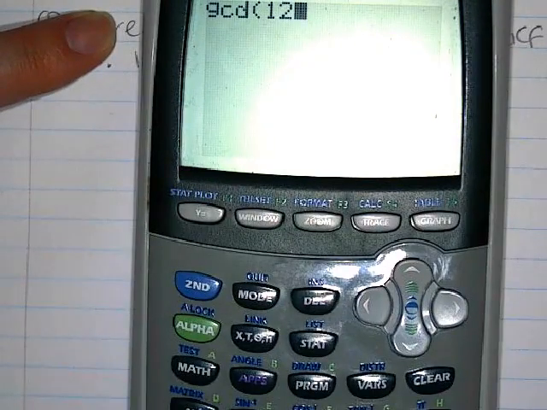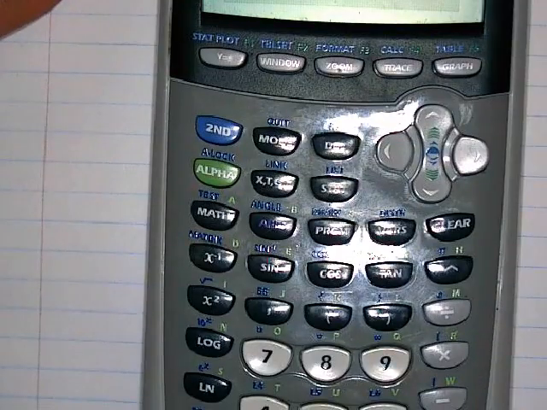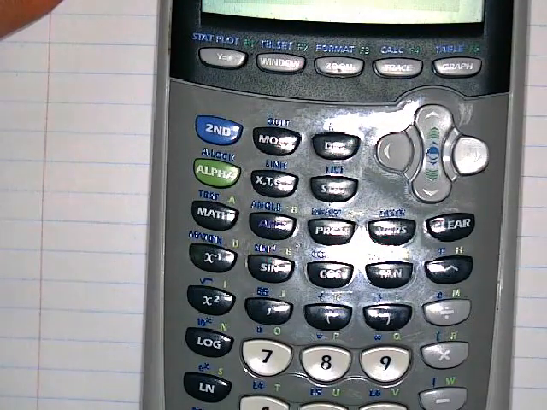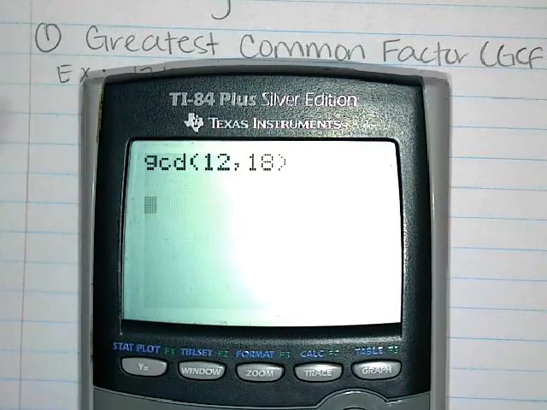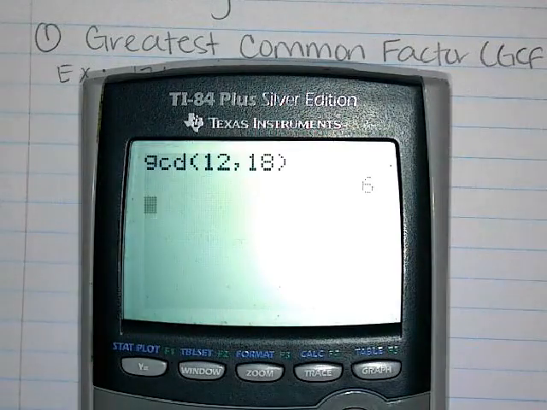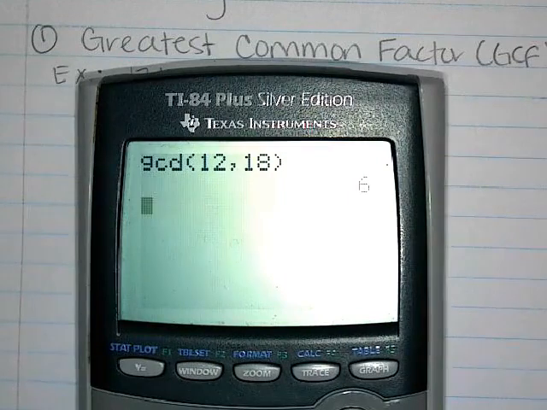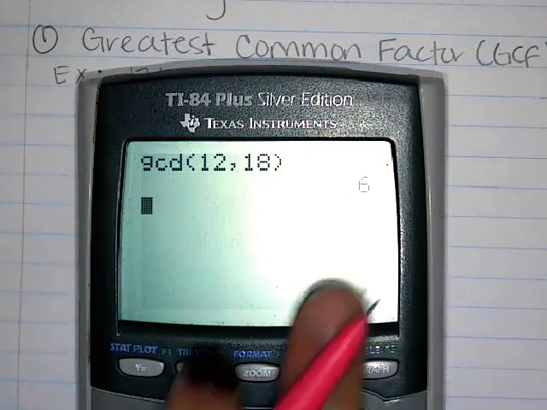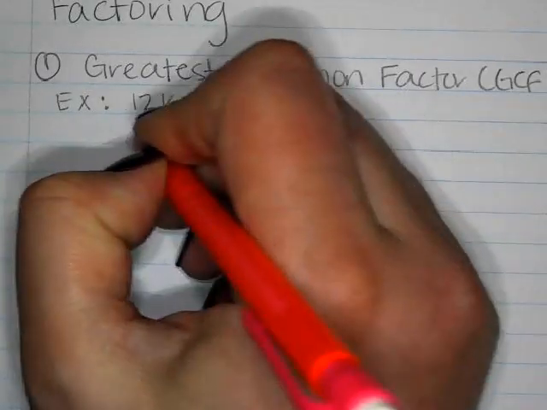The comma is right above the 7. This does not do negatives, so it still requires a little bit of thought, but if you are someone who's not great at multiplication, it's really nice. So greatest common denominator for us, we're going to do it for greatest common factor. Oh, 6. 6 is what's in common between those two numbers.